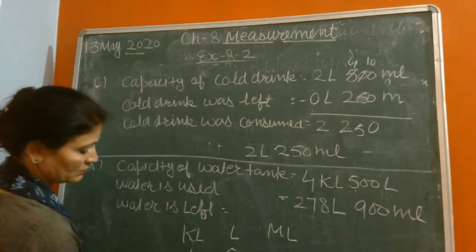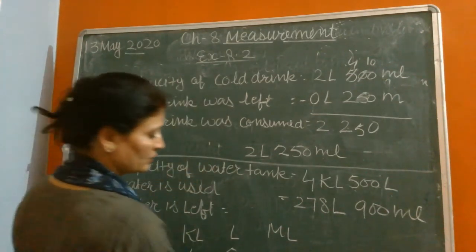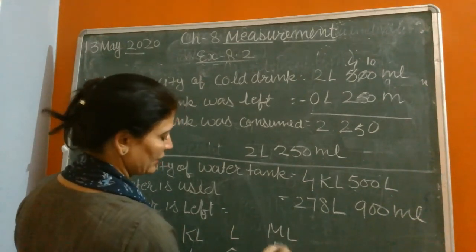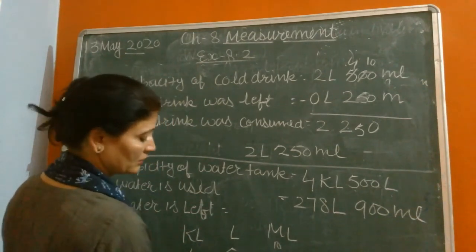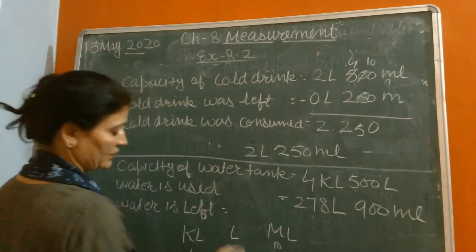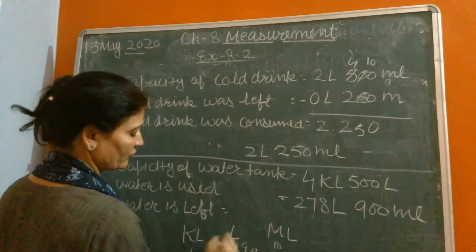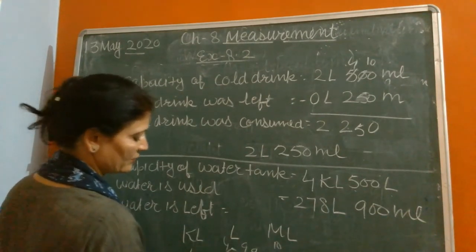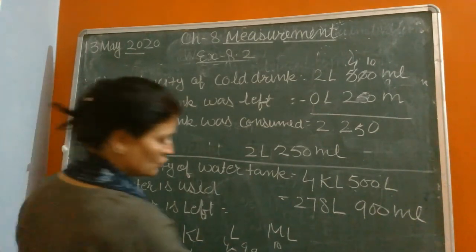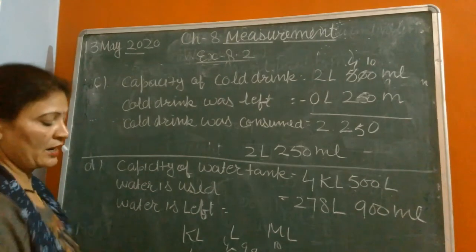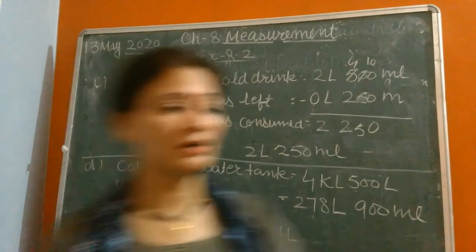And there is no number below the kiloliter, so we will put 0. 0, 0, 10, 10 minus 9, 1, 9 is left, 4. 9 minus 8, 1, 9 minus 7, 2, 4 minus 2 is 2, 4. 4 kiloliter, 220 liter and 100 milliliter of water is left in the tank.